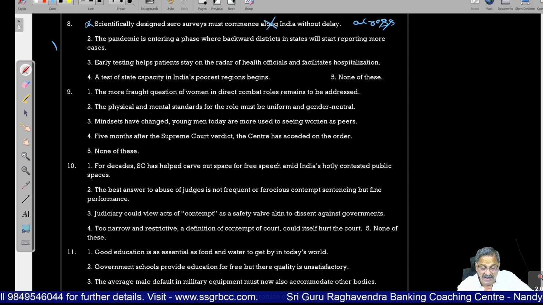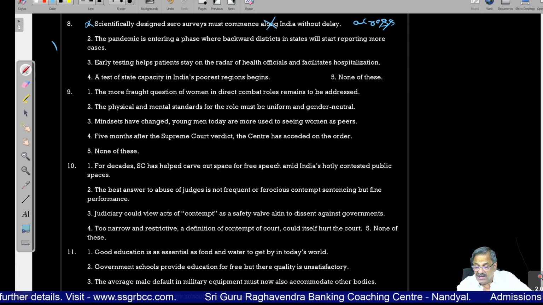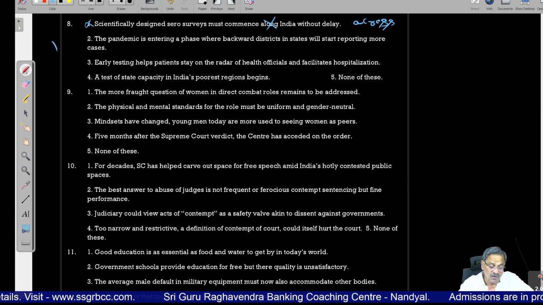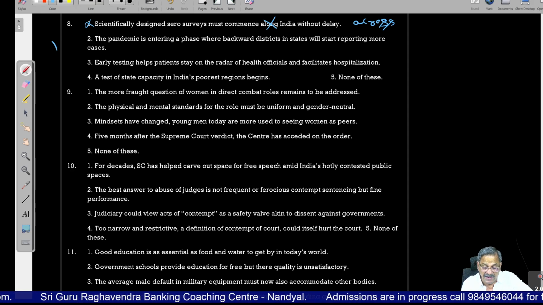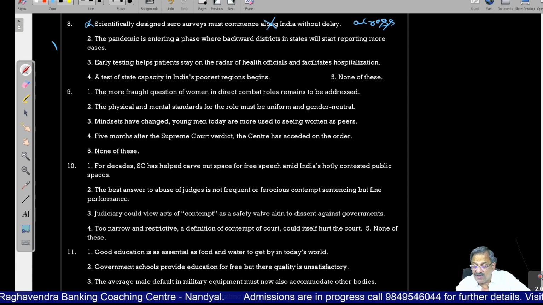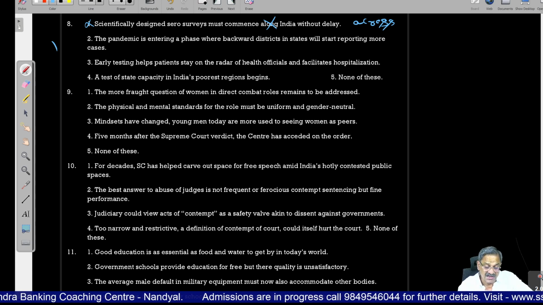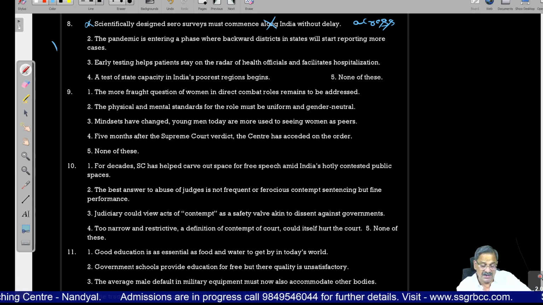The pandemic is entering a phase where backward districts in states will start reporting more cases. Early testing helps patients stay on the radar of health officials and facilitates hospitalization. A test of state capacity in India's poorest regions begins.